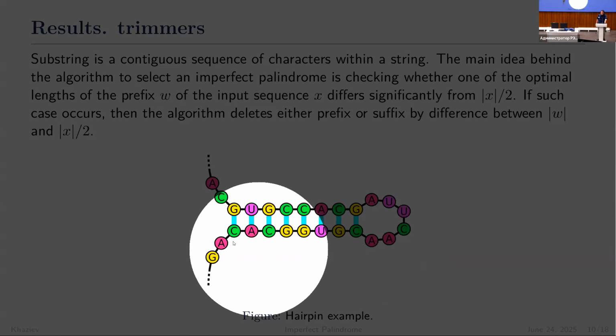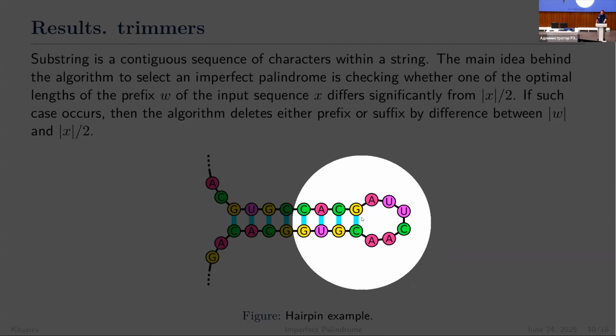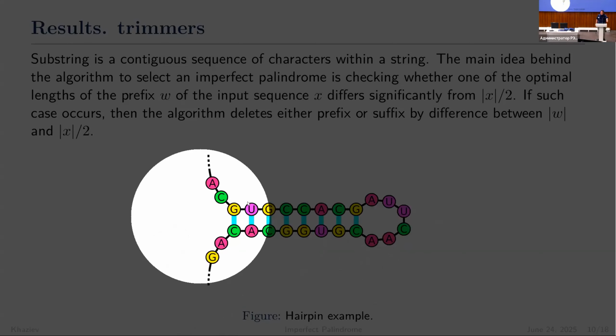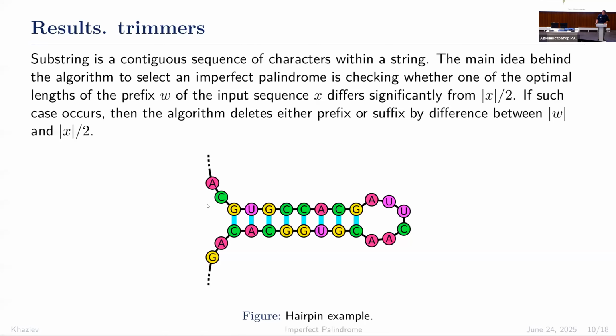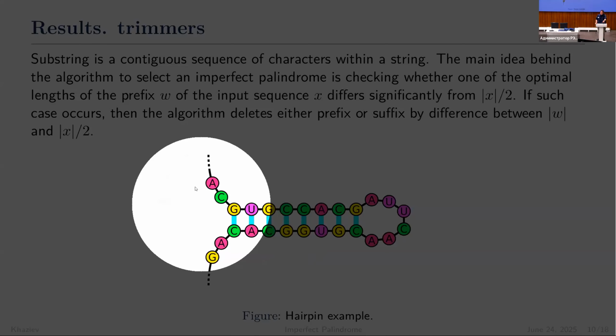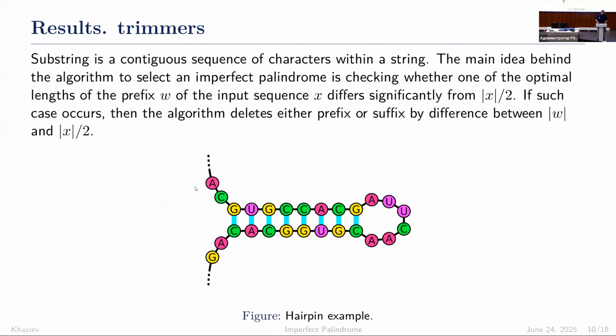This is the palindromic part, and this is not the palindromic part, and we have some non-palindromic parts on the ends of the sequence. This structure is called a hairpin or stem loop in molecular biology. And most of the biological sequences that are palindromic look like this. So we thought that since this part and this part don't complement each other, let's just trim them off.